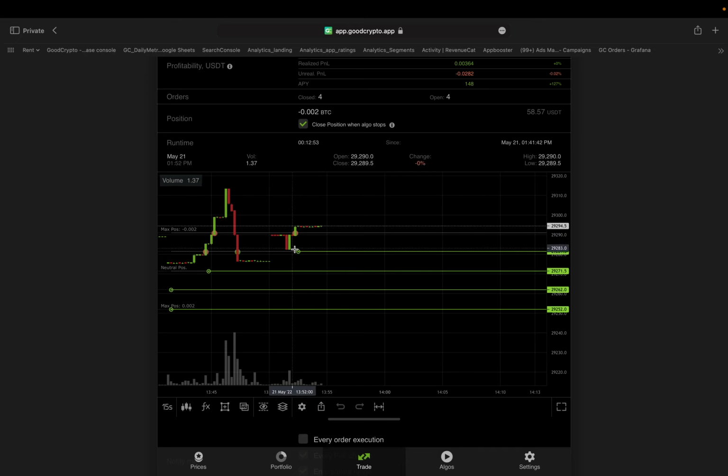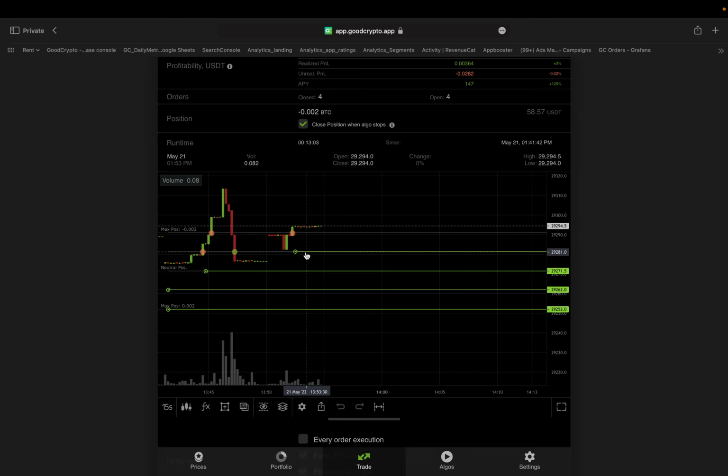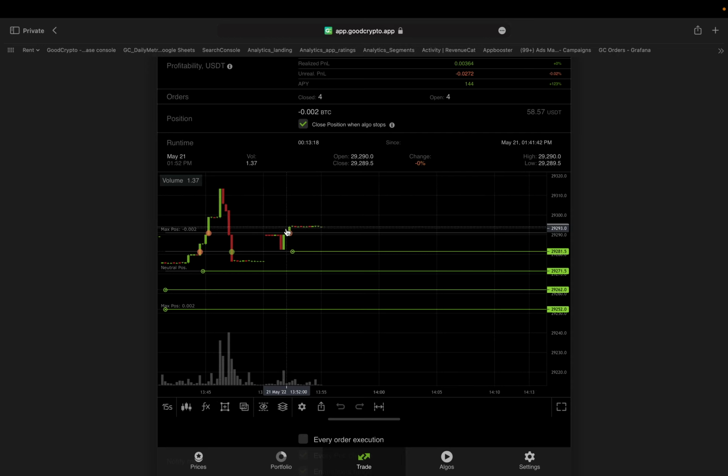If the buy order executes, it will place a sell order one level above to sell higher what it bought. If a sell order executes, it will place a buy order on the level below to buy back what it sold higher. So that's in essence how the grid algos or grid bots work.